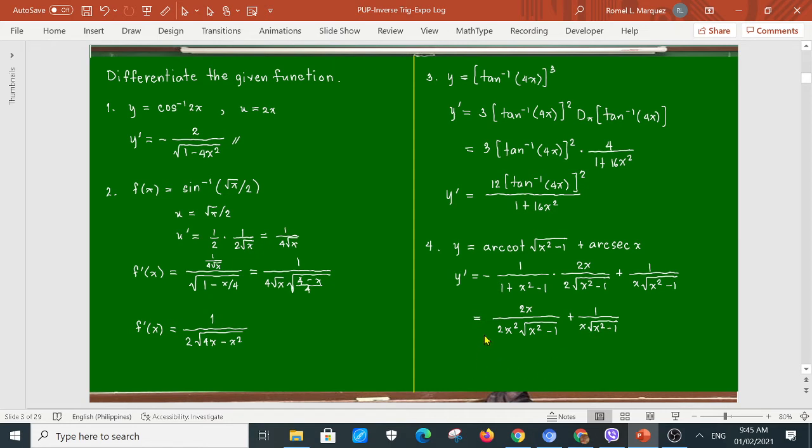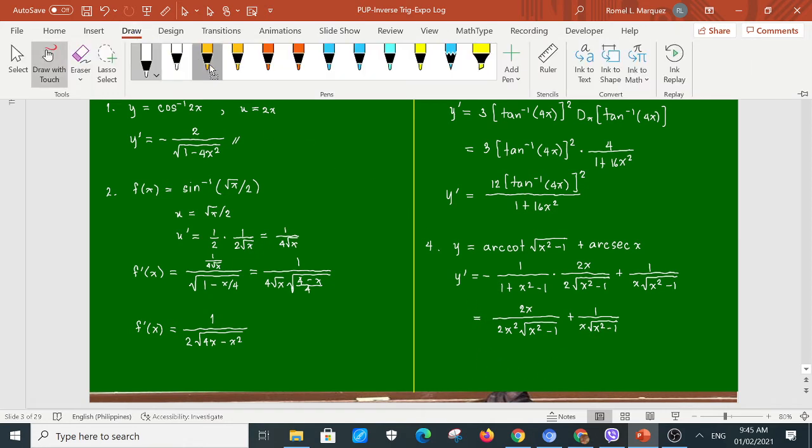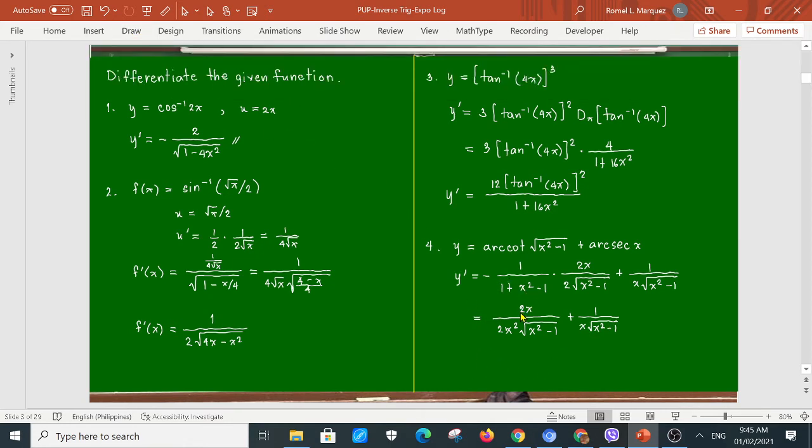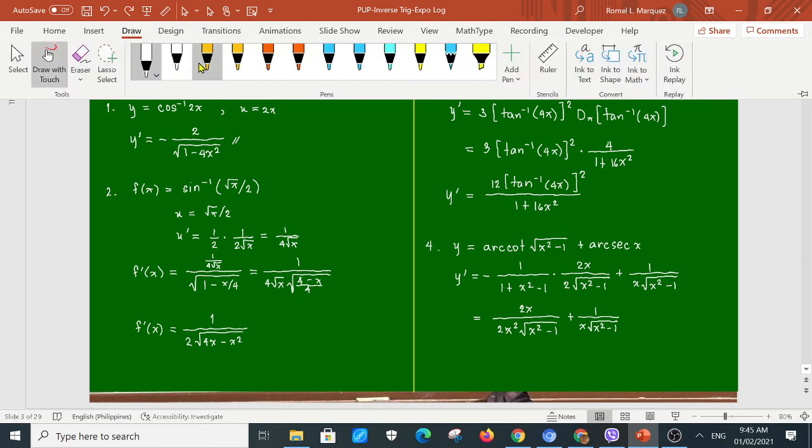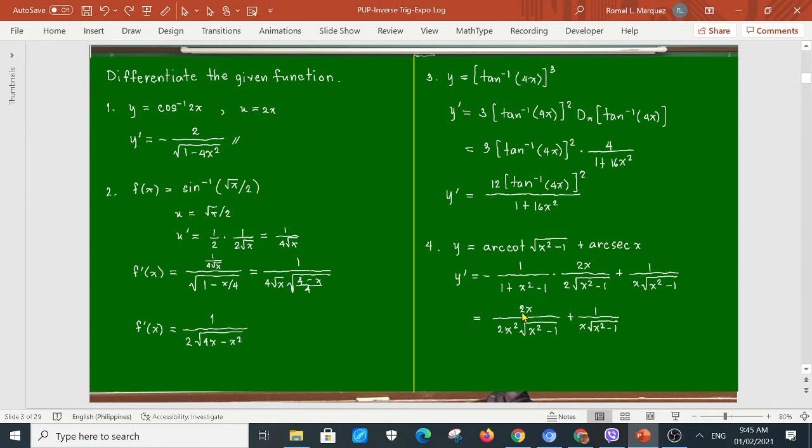So, simplifying further, this cancels out, these two, with the 2 here, and together with x. So, minus 1 here. Okay?